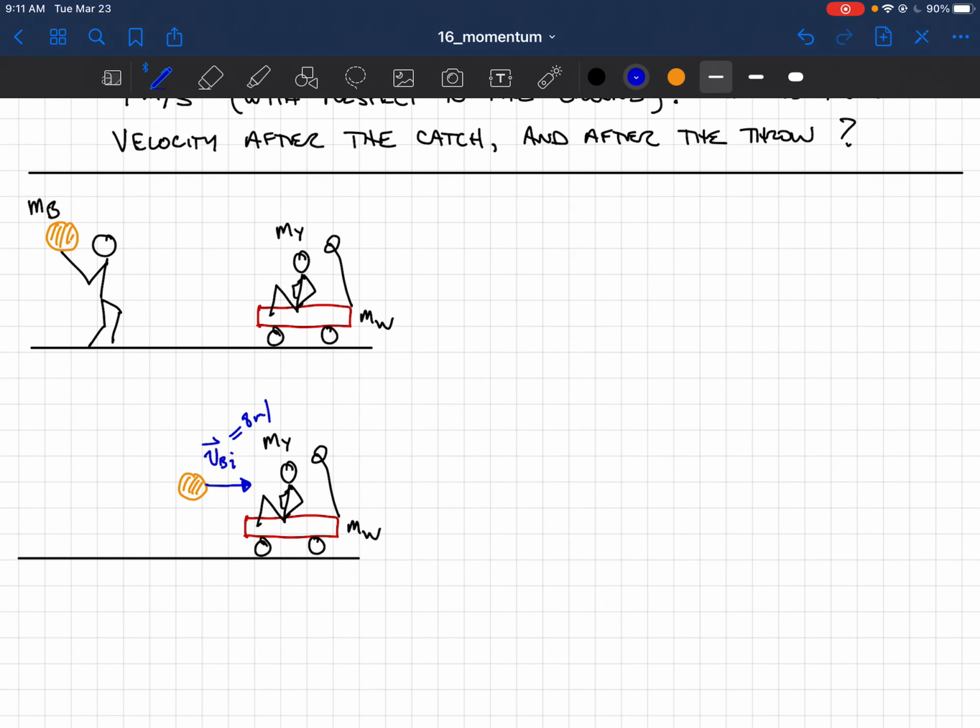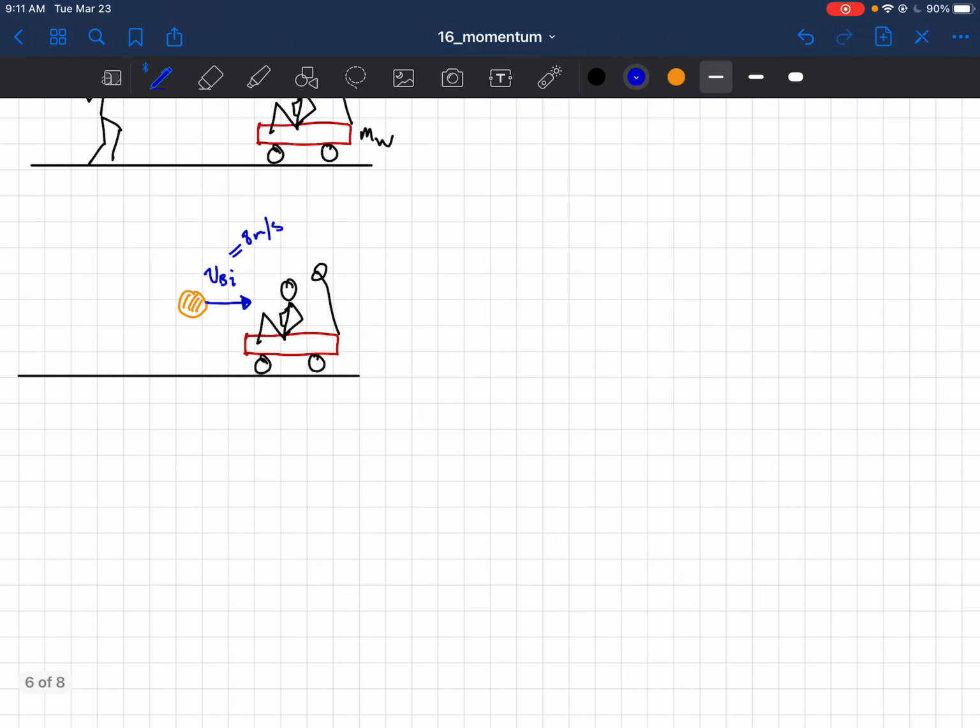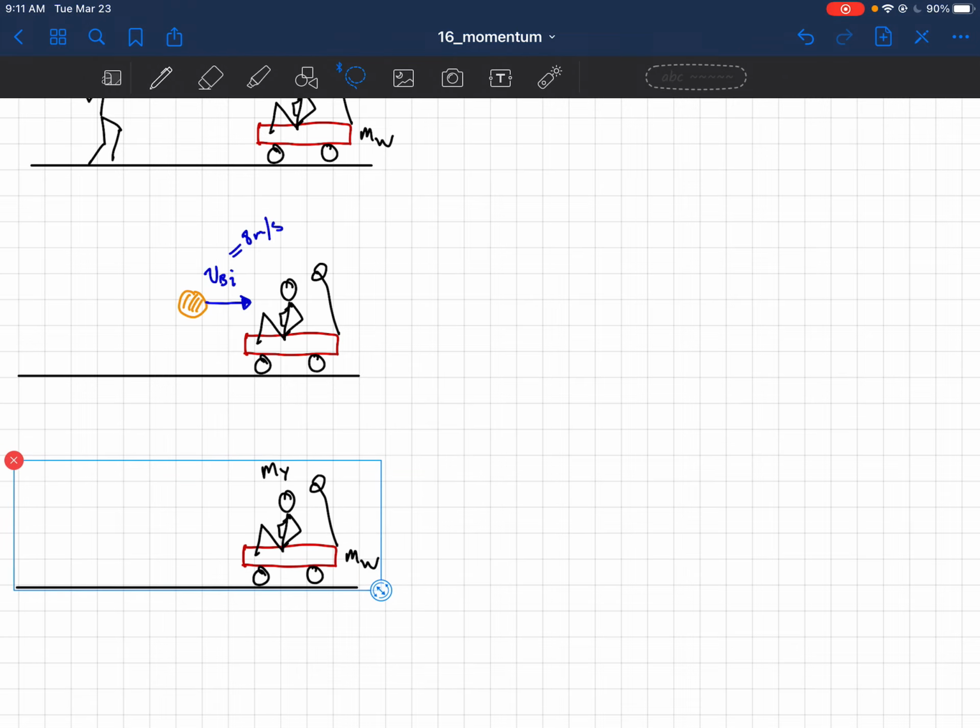So it's horizontal, and its speed is 8 meters per second. I guess I should take the vector sign off. So this vector is labeled by its magnitude, which is 8 meters per second. Then in the next moment, we have you catching the ball.